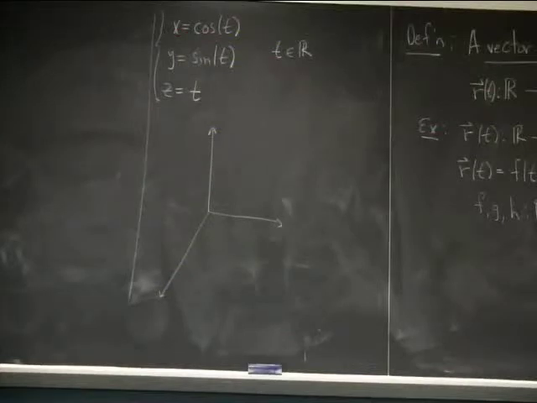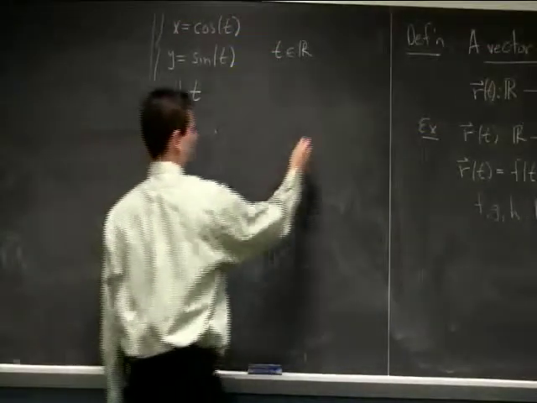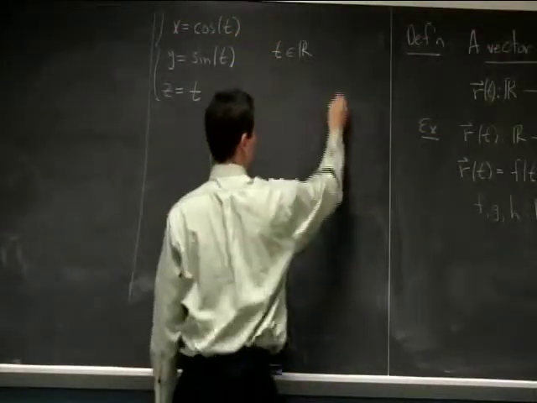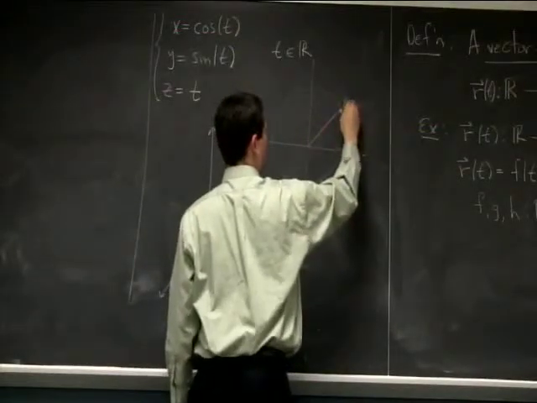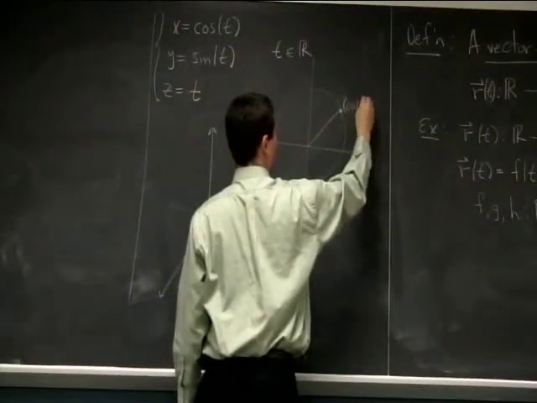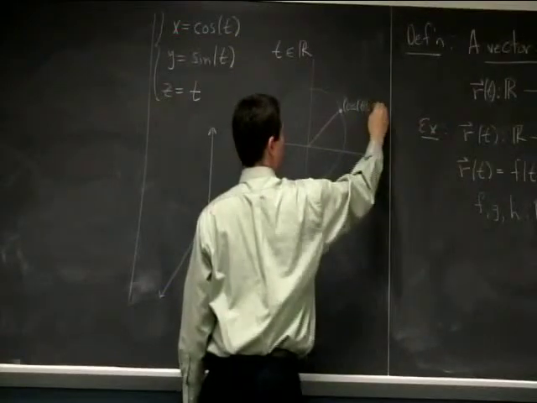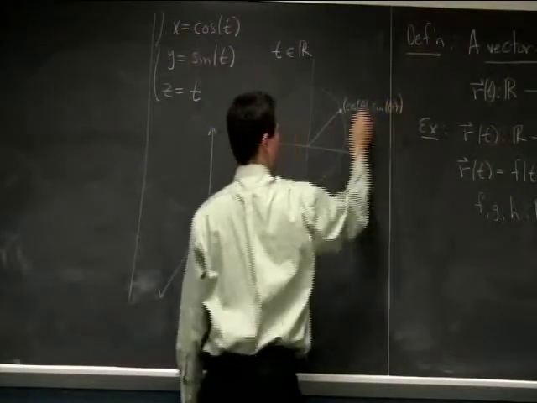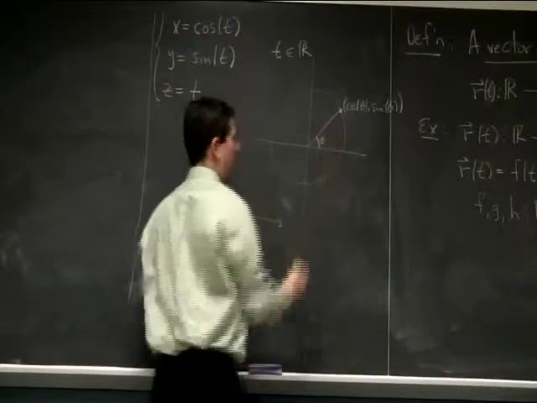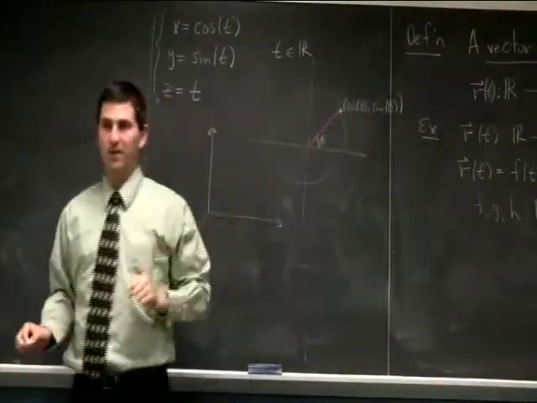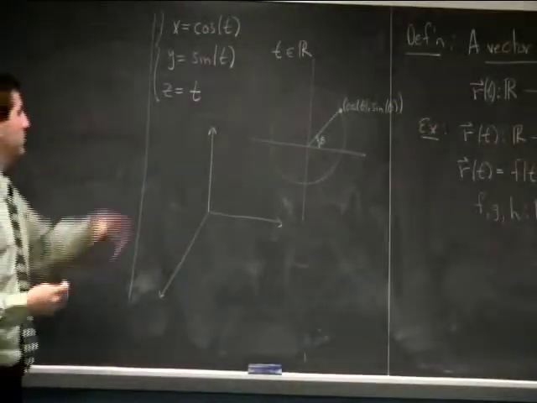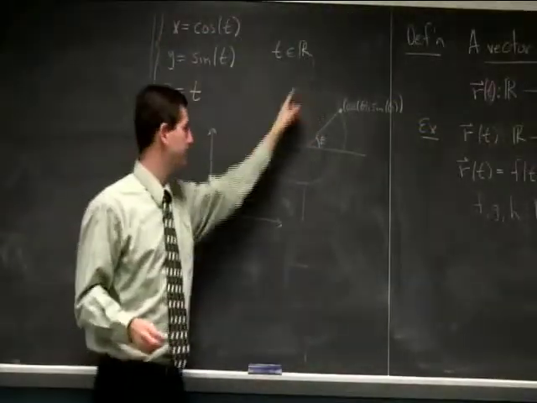If you look at the cosine of t and the sine of t on the unit circle, cosine represents the x coordinate, the sine represents the y coordinate. So actually this is giving you a circle.